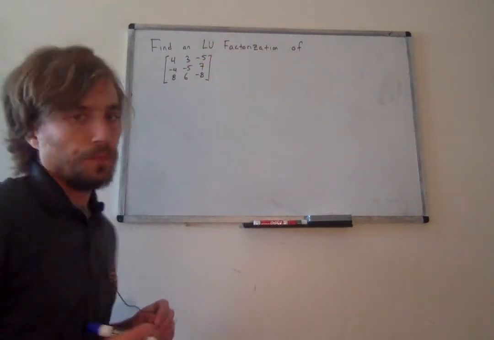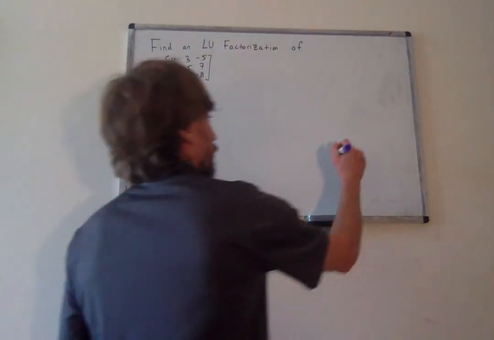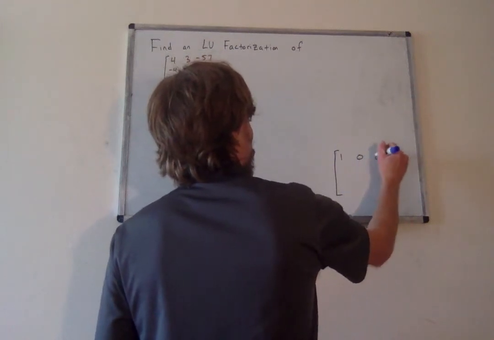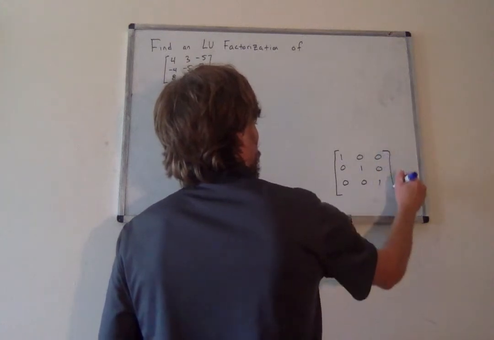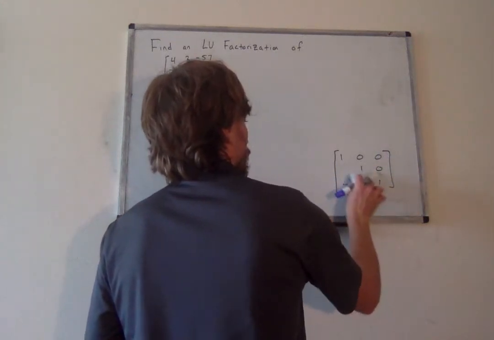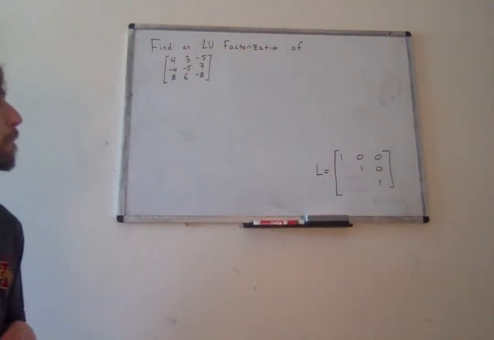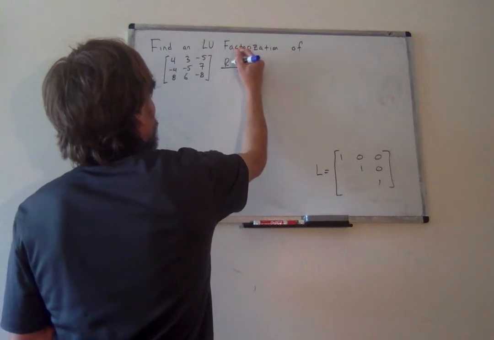All right, so what we can do here, again, we're going to start off with this matrix L and leave the lower triangular entries blank. So the first row step here would be row 1 plus row 2.